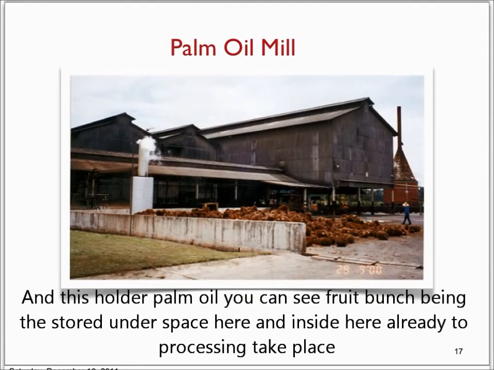And this is how the palm oil mill looks. You can see the oil palm fruit bunches stored in the open space here, and inside is where the processing takes place.